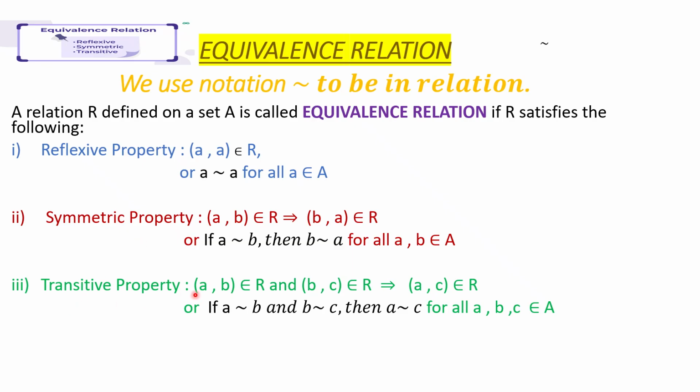Transitive property means (a, b) belongs to R and (b, c) belongs to R will imply (a, c) belongs to R. Meaning if a is in relation with b, and b is in relation with c, then a will also be in relation with c, for all a, b, c belonging to A. This whole concept will be much clearer with the following examples in the next slide.